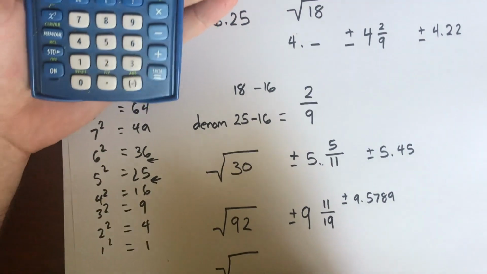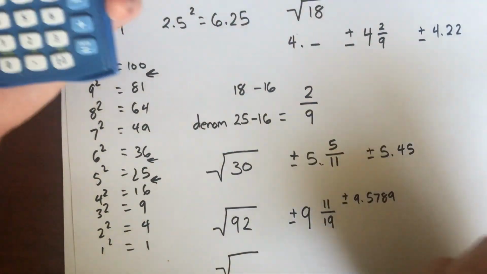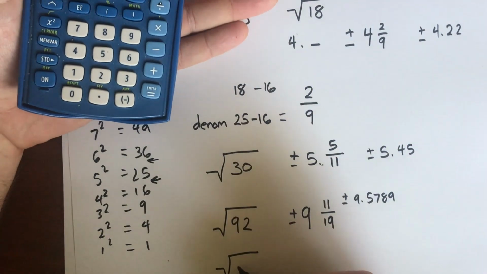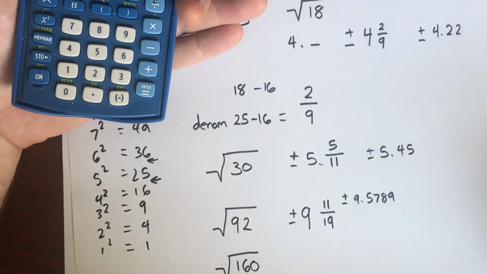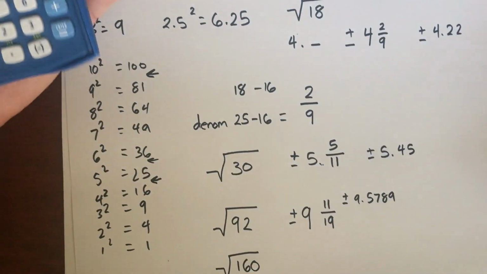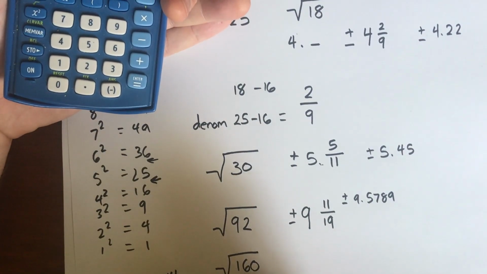By the way, the ones you're going to have to do are just going to be between 1 and 10. I'll do one that's a little bit higher. Let's do the square root of 160, right? Now, of course, having a perfect square chart makes all of this easier. I know that 144 is 12 squared, right?